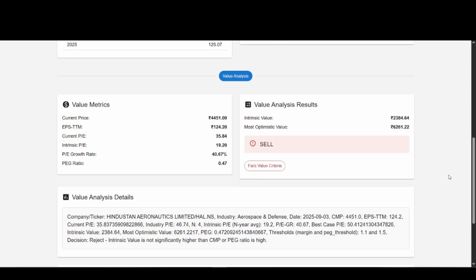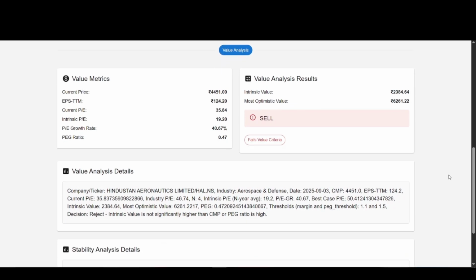Now we can see that the value analysis is also completed. We can see the value metrics that it calculated: the current price, the EPS TTM, the current PE ratio, and the intrinsic PE ratio.